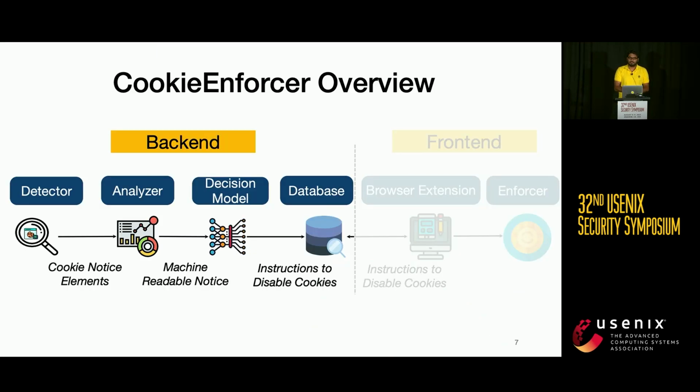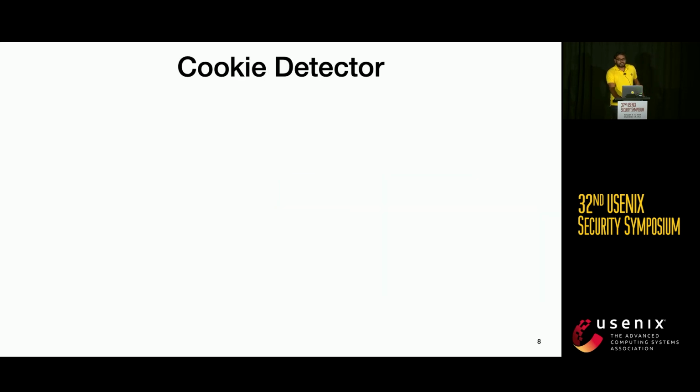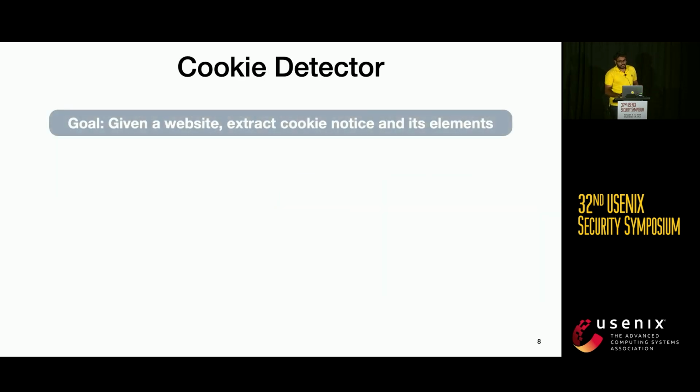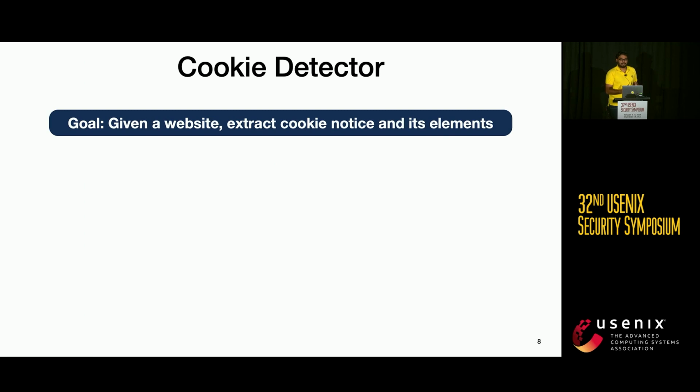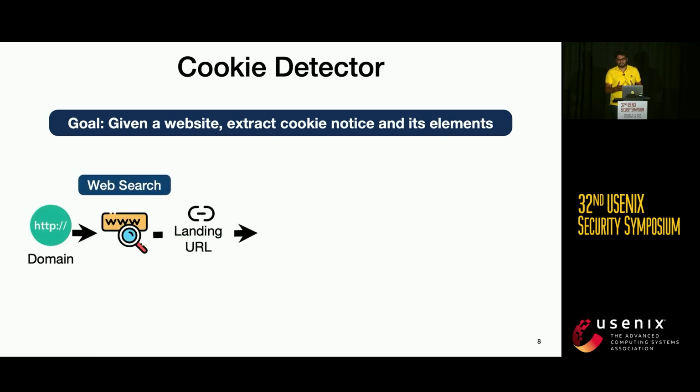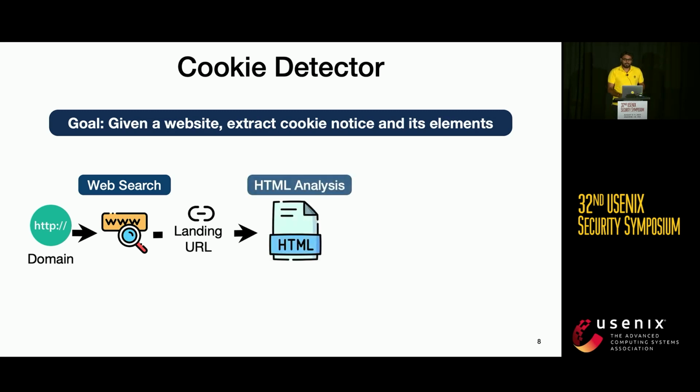Okay, so let's get into the backend component. Starting with the cookie detector, our goal is, given a website, to extract cookie notices and their elements. We first do a web search and get to the homepage of the website, and then we identify candidate elements for cookie notices. Now here, the main challenge is that these notices can be implemented in several different ways, so the HTML signal is not very reliable.